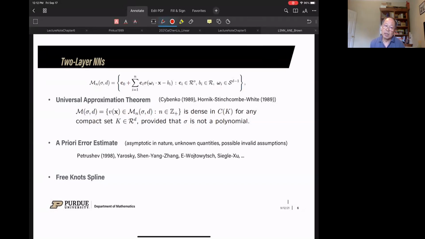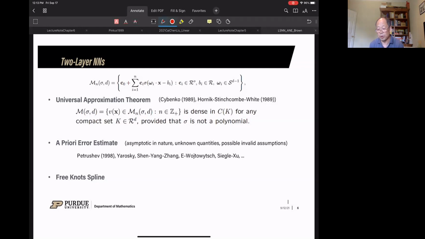All this research is very important and interesting, but when we apply it to interesting problems, these theorems are not easy to apply, because naturally they are asymptotic results. When you do the a priori estimate, you have some unknown quantities, and moreover you assume the function class satisfies a lot of assumptions.